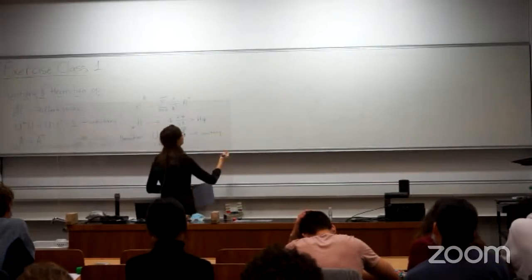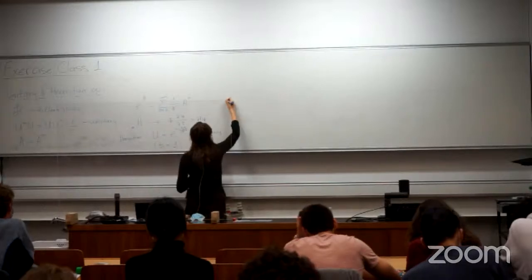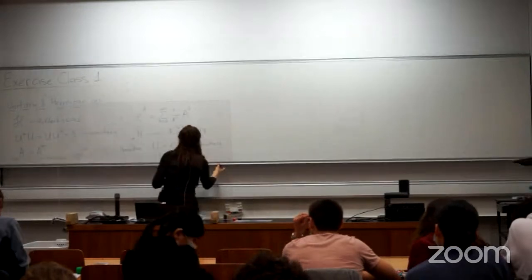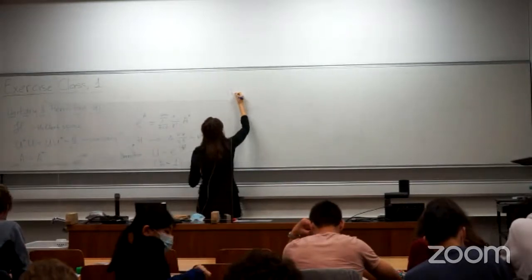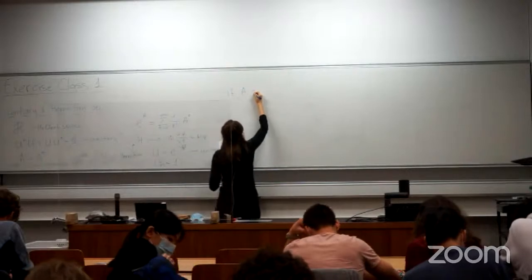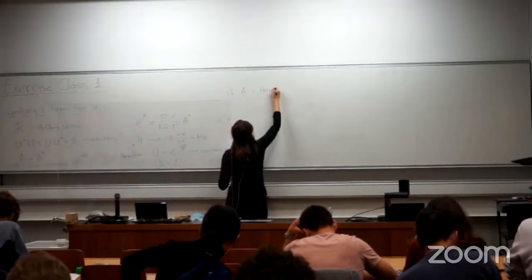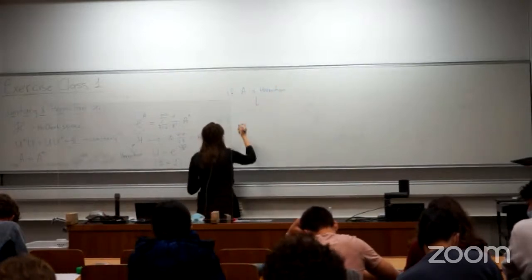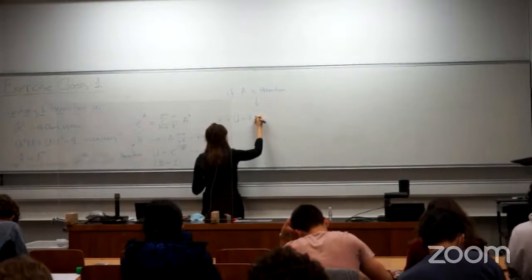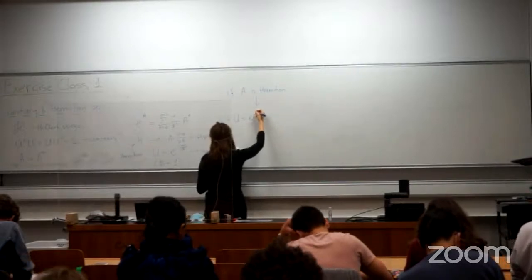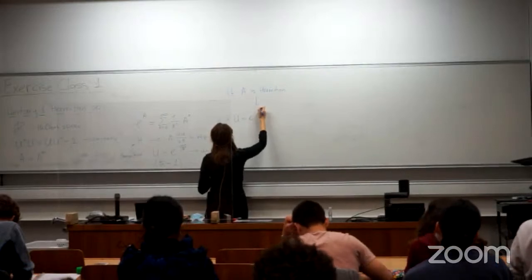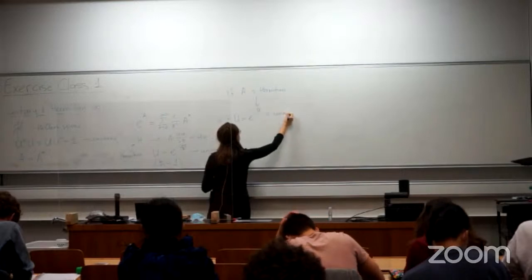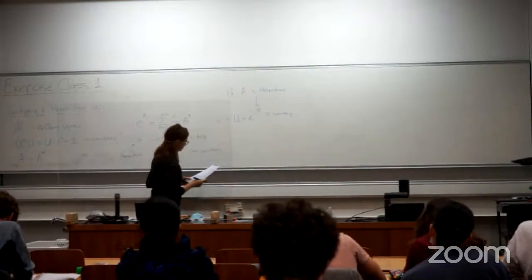can generally show that if A is Hermitian, from this it follows that U equals e to the power iA is unitary. Okay.